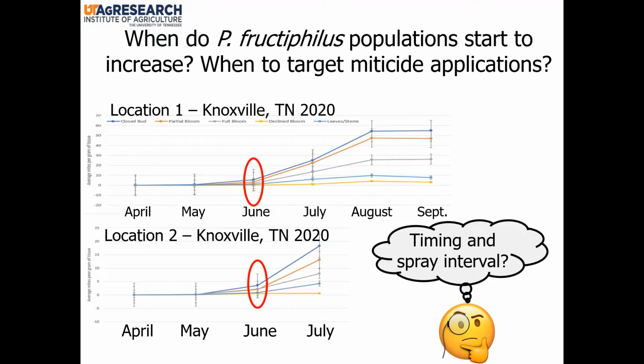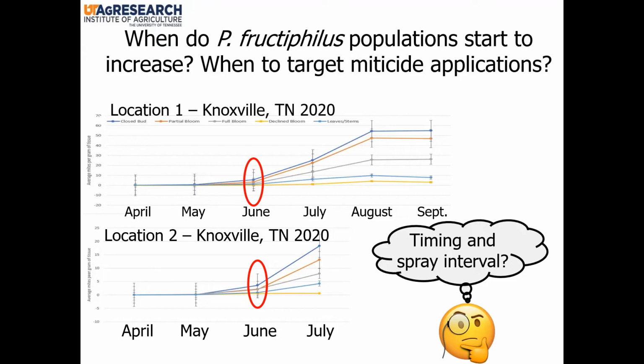So we tell people, if you don't know when you need to start that first spray, it's about the time you're deadheading that first flush of rose blooms off your bushes. And then you're going to have to do it every 2 weeks, if you choose to go that route, until first killing frost. Because now we know we can extend that chart all the way out to October in Knoxville. And until we have a killing frost, the populations remain pretty static, but relatively high.